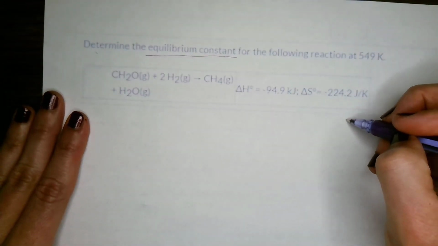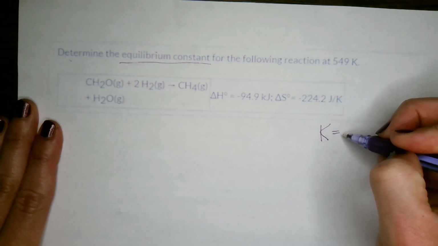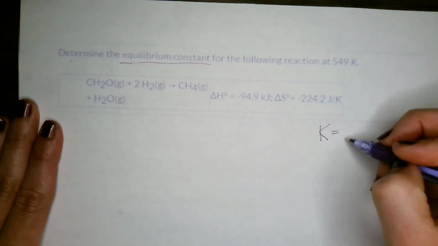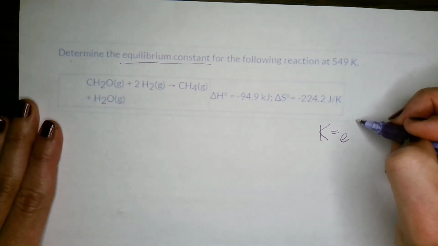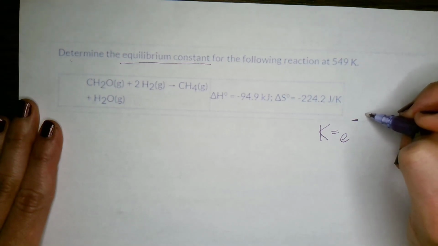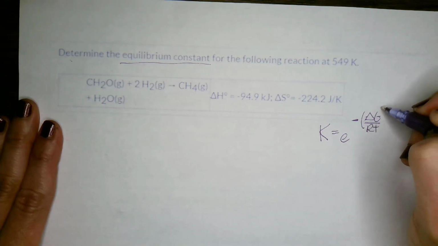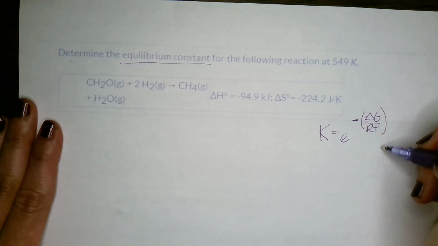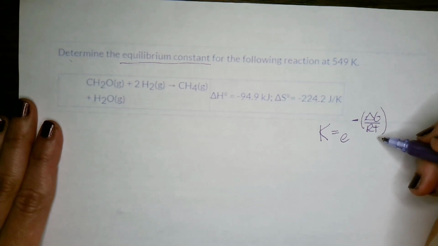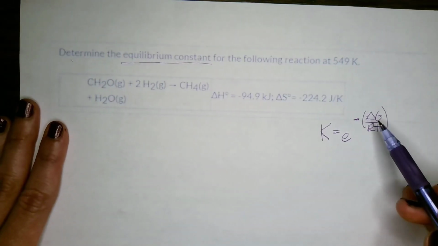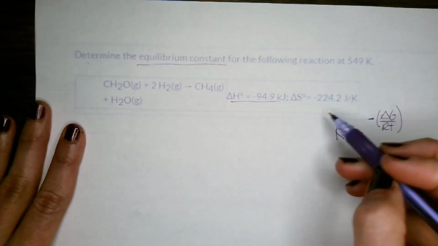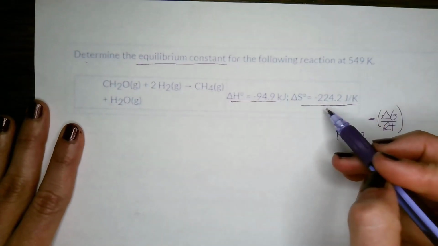All right, let's see what we have here. We want to determine the equilibrium constant. In order to find the equilibrium constant, it is Euler's number, the opposite of natural log, raised to the power of the opposite, delta G over RT. Interestingly, we don't know what delta G is. We weren't given it.